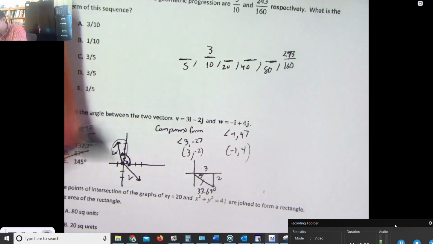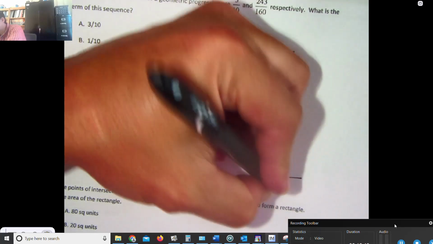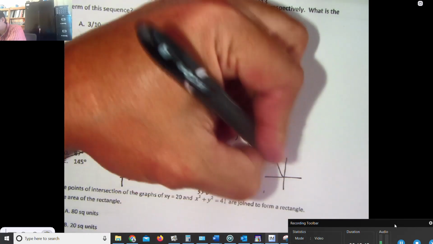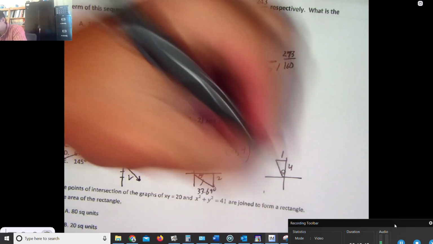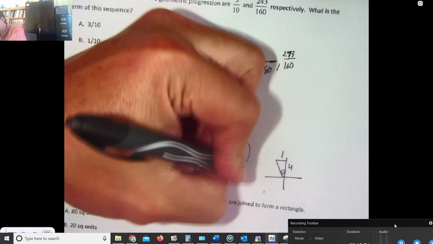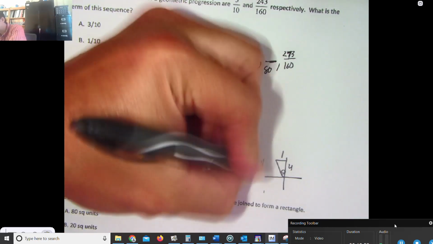I can do the same thing over here. Think about that point being triangled out. It was back 1 and up 4. And just throw theta in the corner there. And theta is the arc tangent of a quarter.